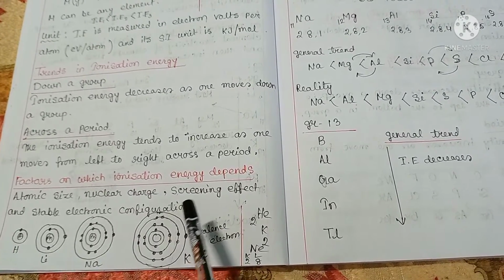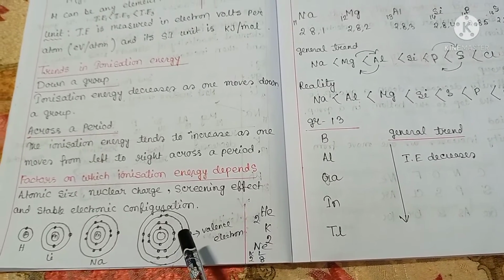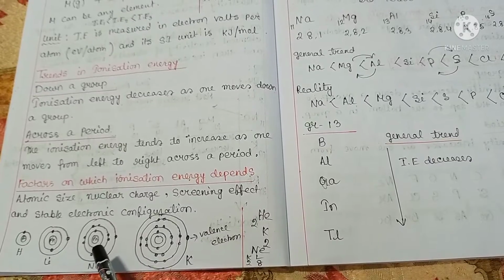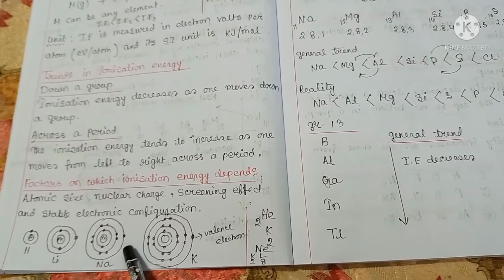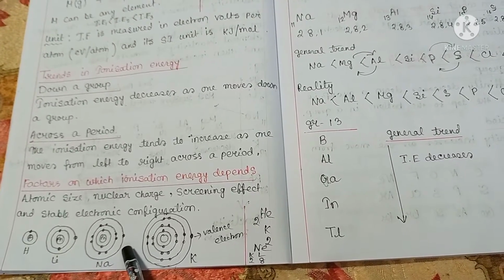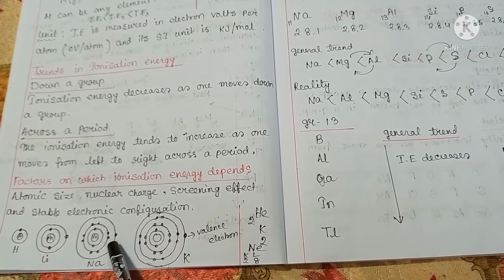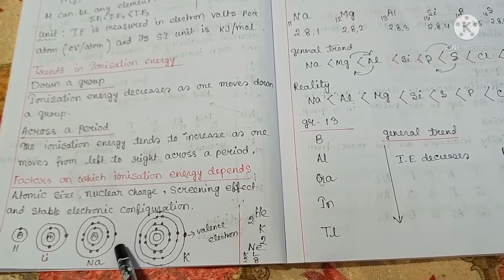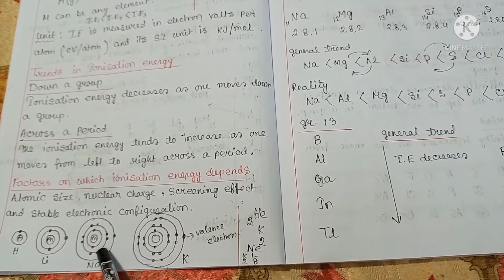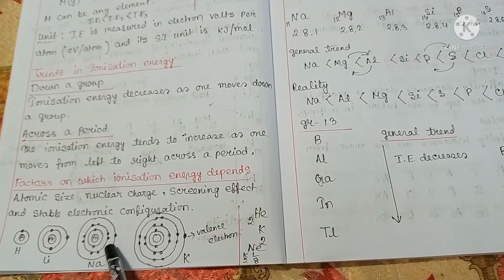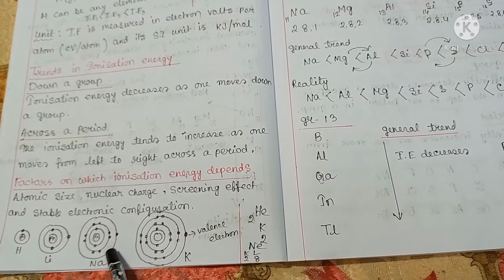Now, screening effect. In case of screening effect, the shells between nucleus and valence electrons reduce the force of attraction between nucleus and valence electrons. The reduction in force of attraction by the shells present between the nucleus and valence electrons is called screening or shielding effect.